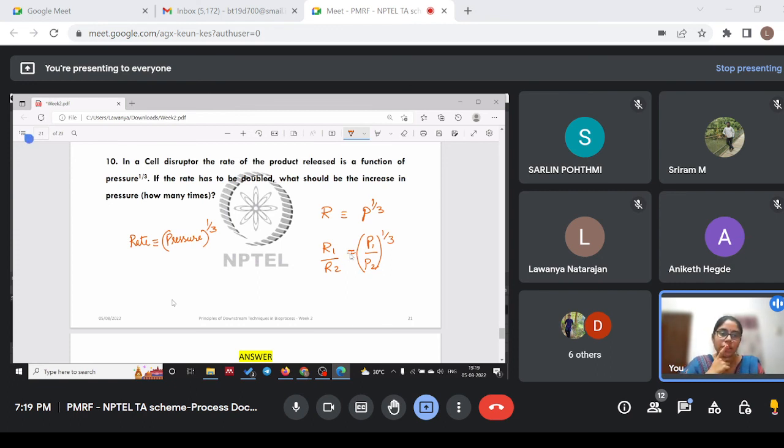Since we are taking two different scenarios, you can now equate it, because we are talking about proportionality here, so there will be one constant. But when you're talking about two quantities, those constants will cancel out, so therefore you can bring an equality symbol here. Is that okay?